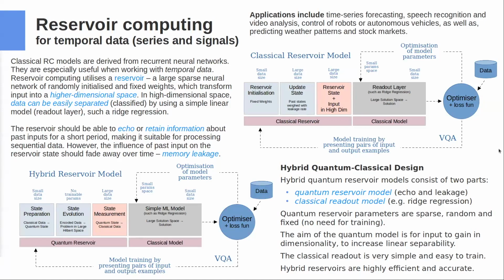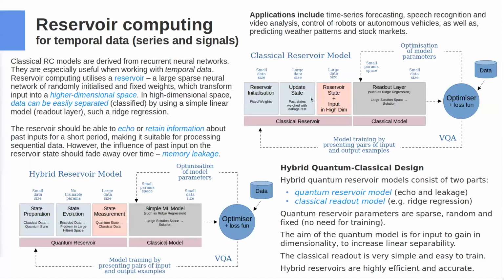So what we see here on the right-hand side below is a hybrid reservoir model. We look at the classical part on the right-hand side. The reservoir needs to be initialized with fixed weights. So we have this very sparse, large neural network, and we initialize it with random weights.